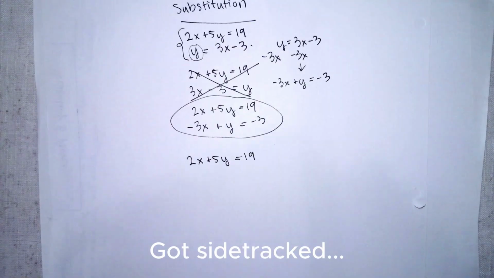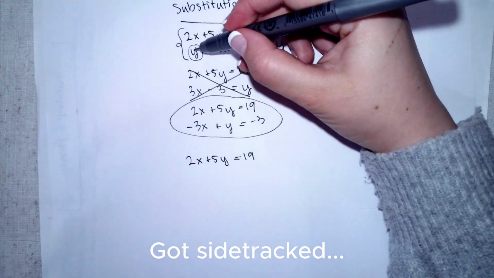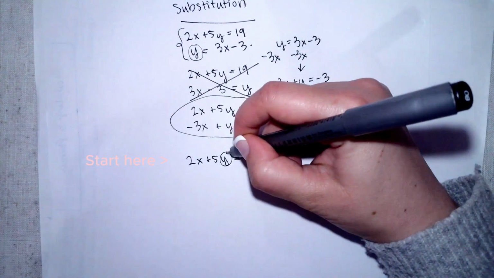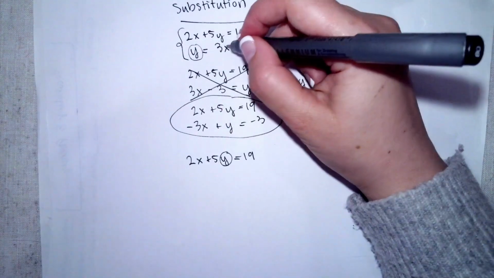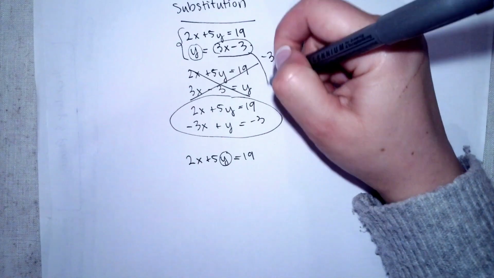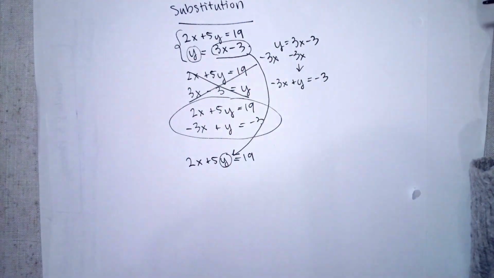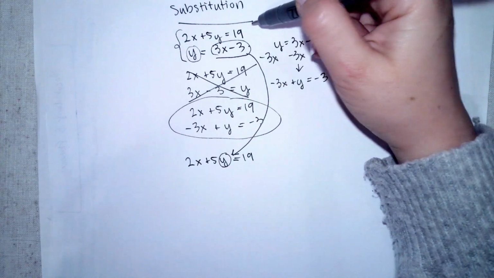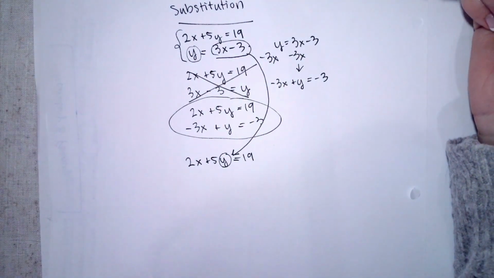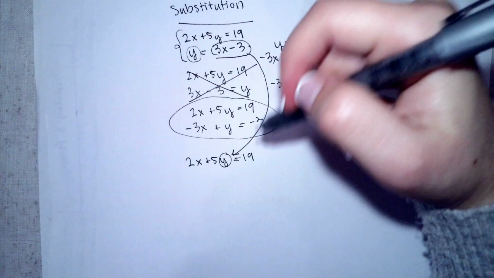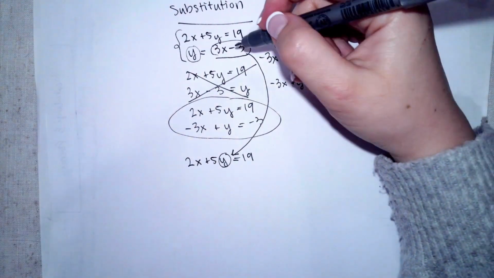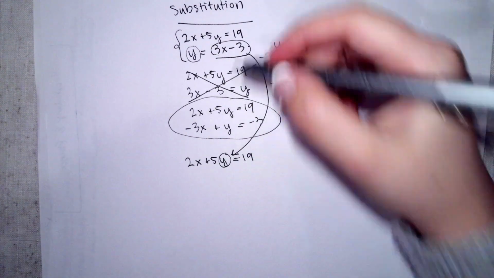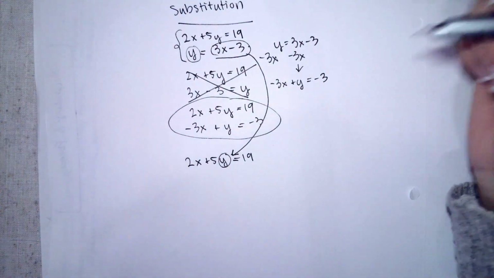So our system, and we know that y is equal to 3x minus 3. So we can take this y, and we're just going to plug this number here into this y. So notice that we're not taking this equation and finding y and plugging it back into itself. That wouldn't give you the right answer. We're using the other equation to find what y is, and we can use that here and substitute for this one.